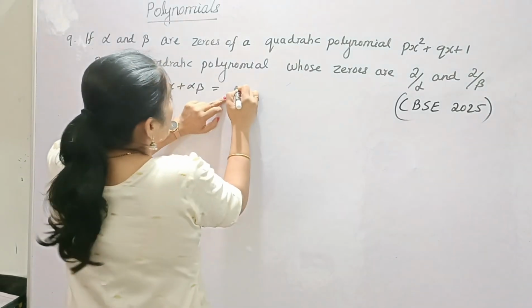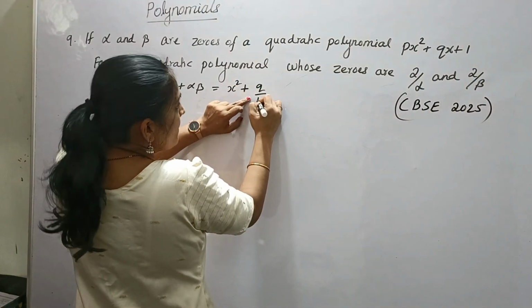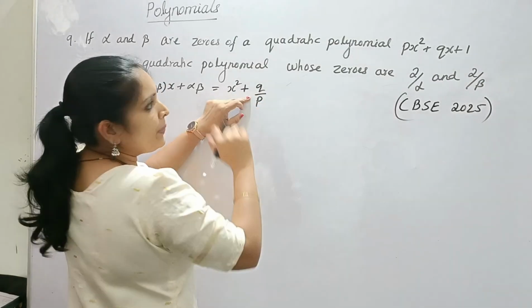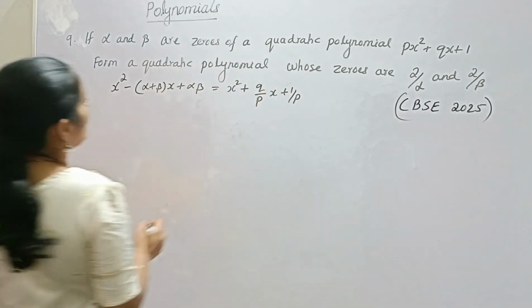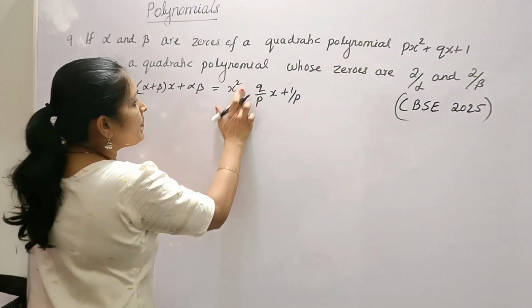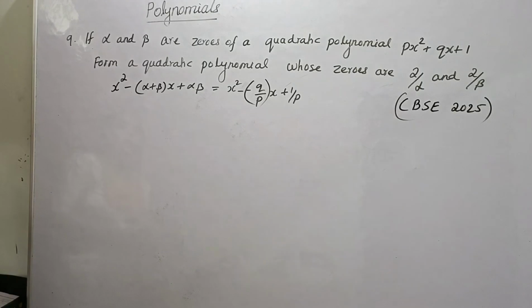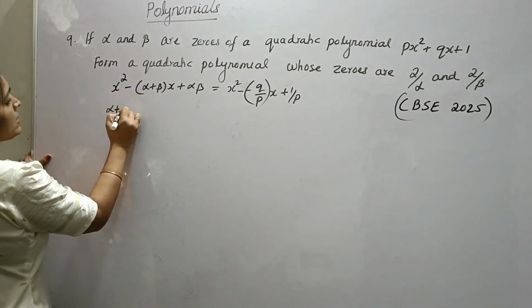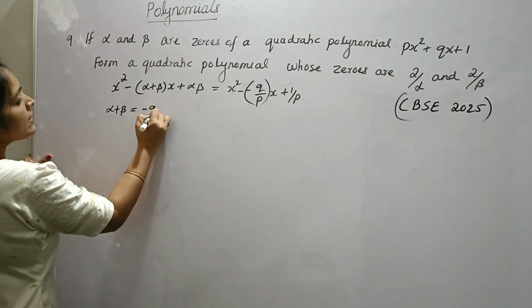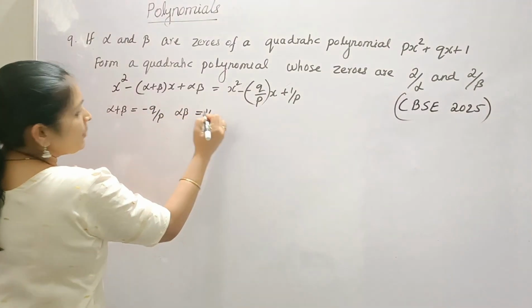That is x square plus q by p x plus 1 by p, dividing throughout by p. Now comparing both sides, we get alpha plus beta is equal to minus q by p and alpha into beta is equal to 1 by p.